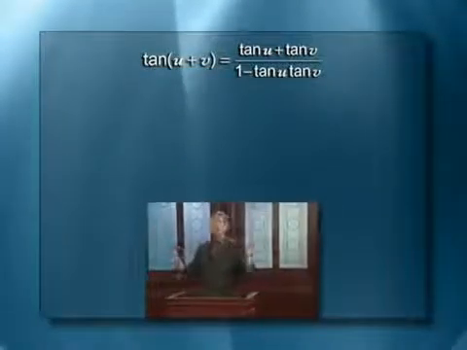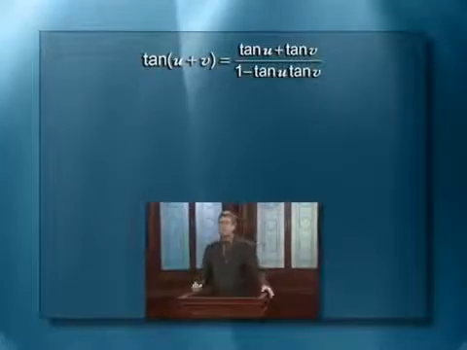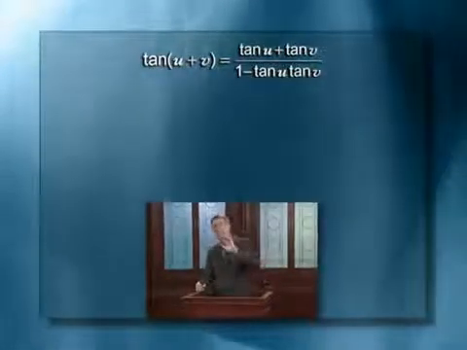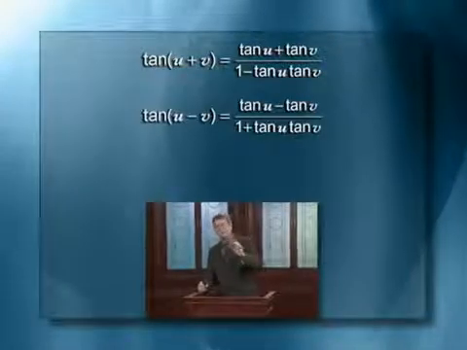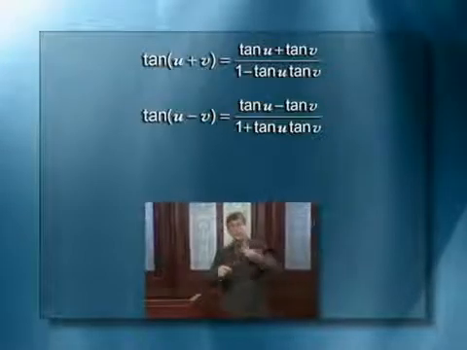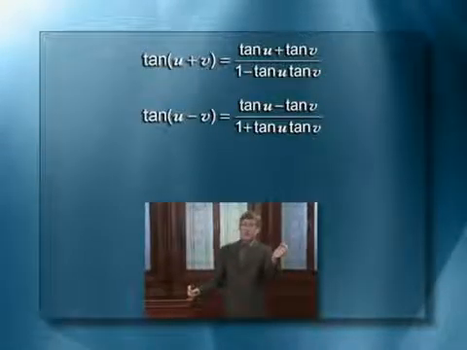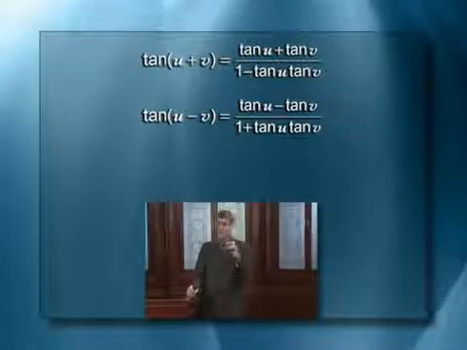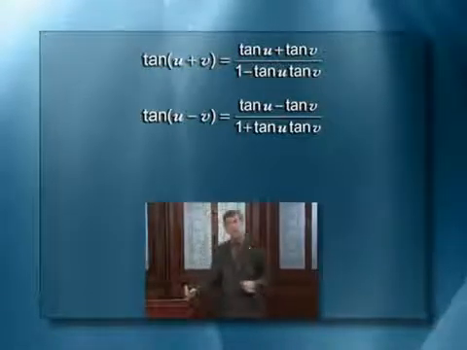This is the nature of mathematics. Trigonometry is not as nice as we'd like it to be sometimes. And a similar formula for tangent of u minus v, the only difference is the minus and plus sign get interchanged. So it's tangent u minus tangent v in the numerator, and 1 plus the product tangent u tangent v in the denominator.